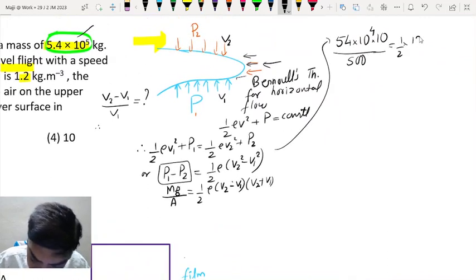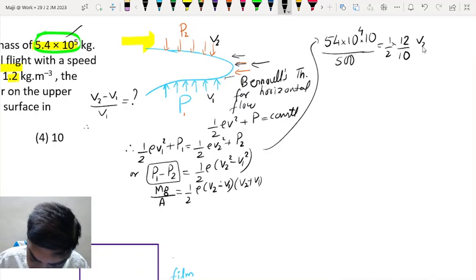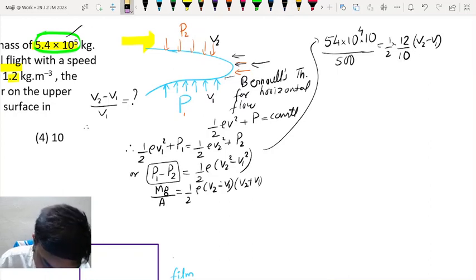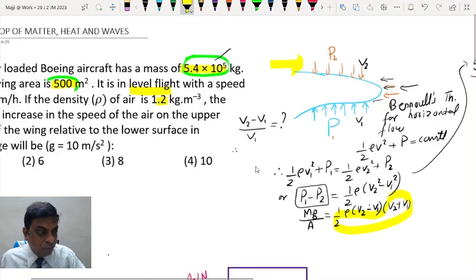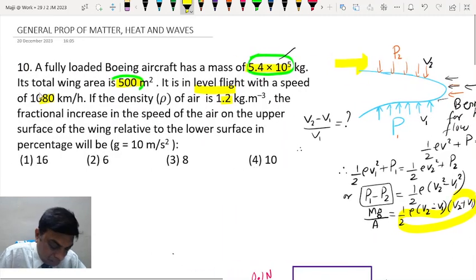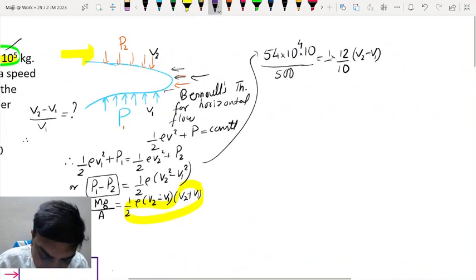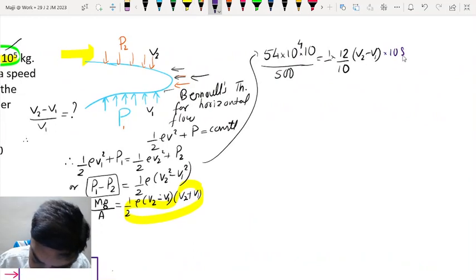Half rho is 1.2, and to find V2 minus V1, we'll do one thing, students. Here we'll take the average velocity between the upper and lower wings to be equal to the speed of the flight, that is 1080 kilometers per hour. So 1080 kilometers per hour is to be converted into meters per second.